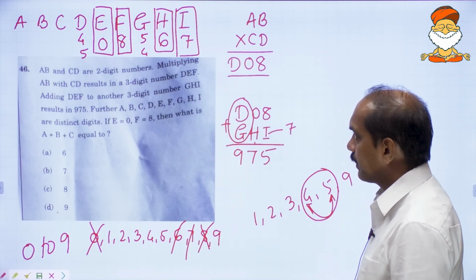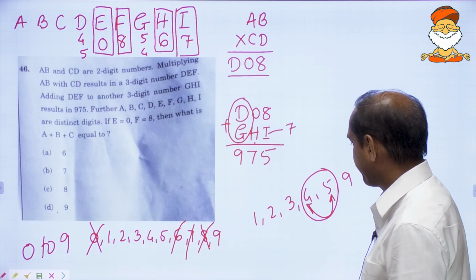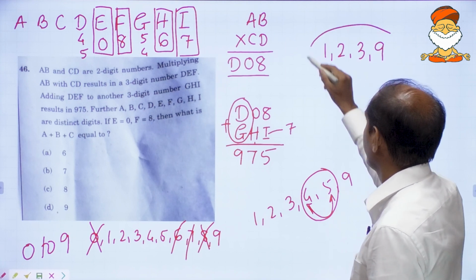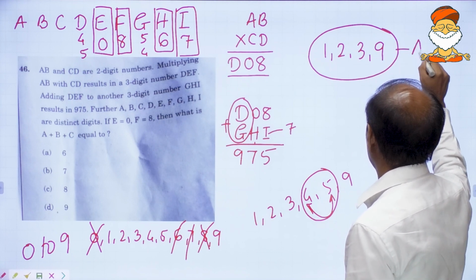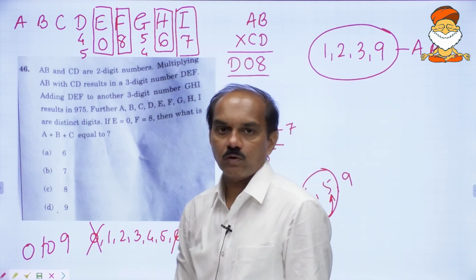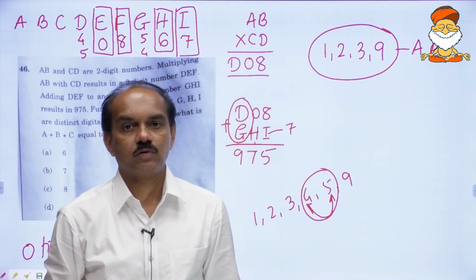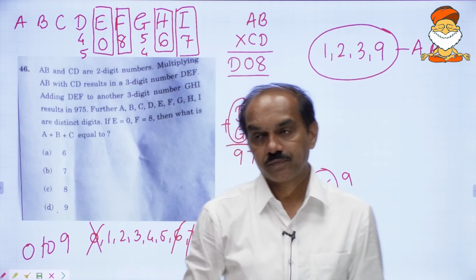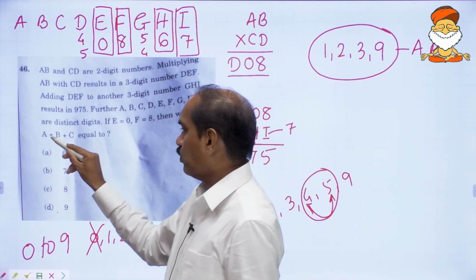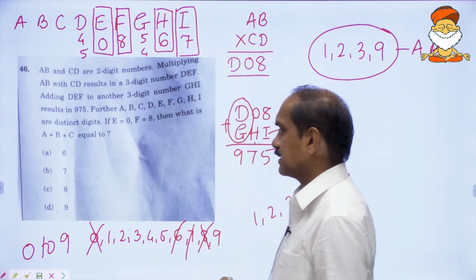Now for ABC, we have these digits left out. Out of these, one will go with A, one with B, one with C. And in the end, he is asking you what is A plus B plus C.